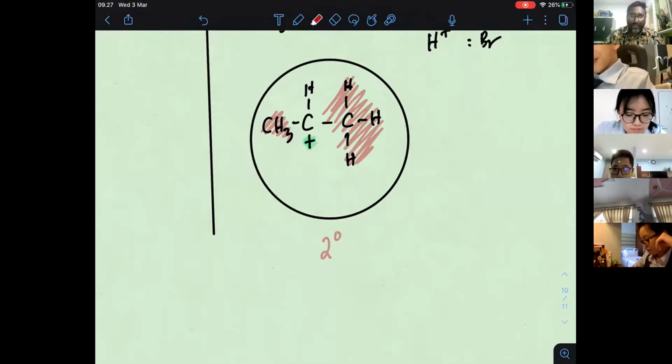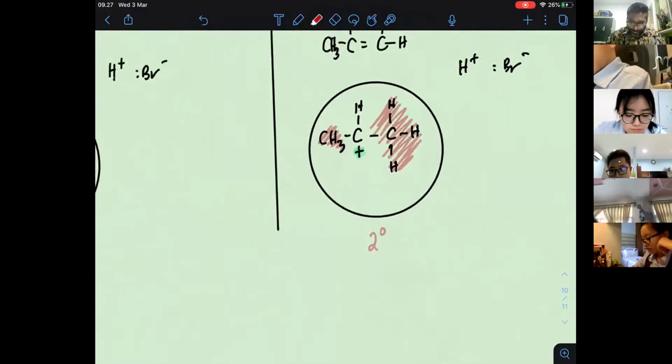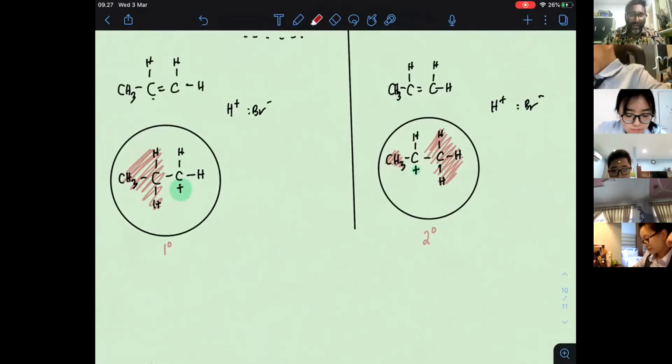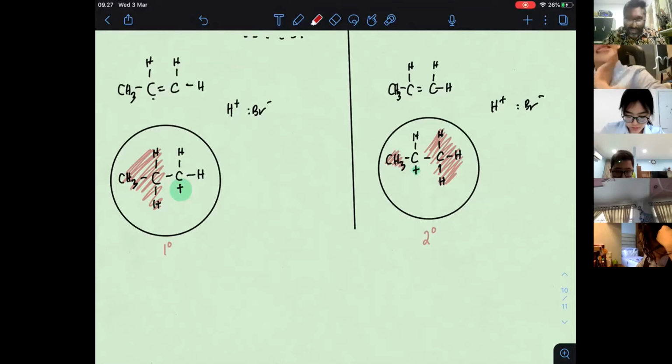So R group, yes, Jonathan. Does an R group necessarily have to be an alkyl? Yes, in this case. In the past, I know that R groups can include H also, but in this case we are talking about alkyl groups, because the alkyl group, with the presence of carbon, is the one that will give you the positive inductive effect.